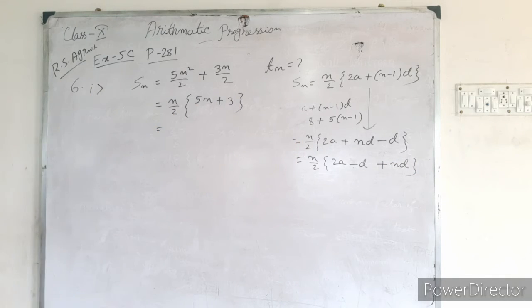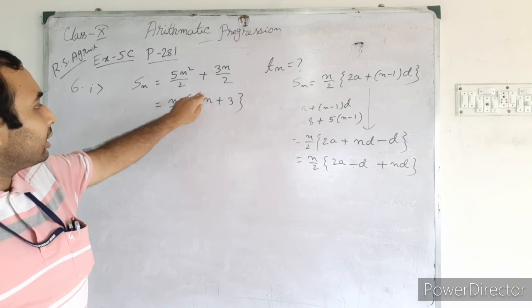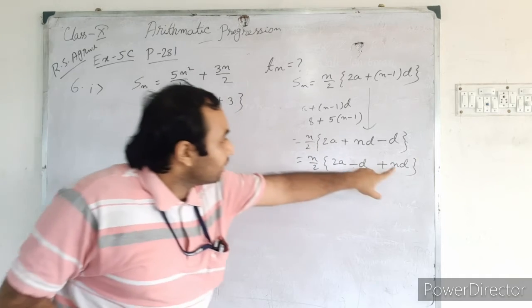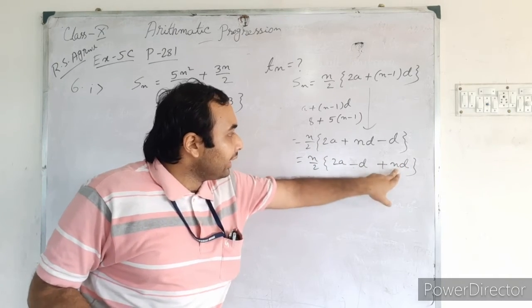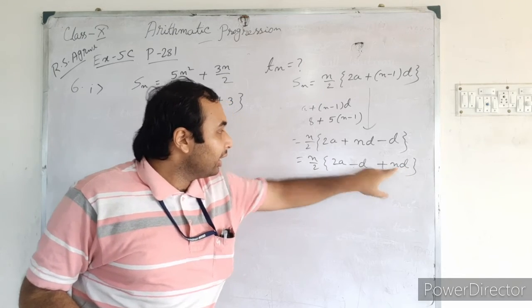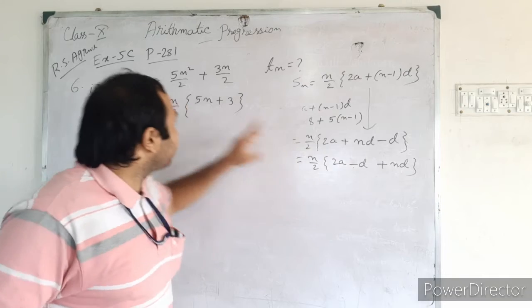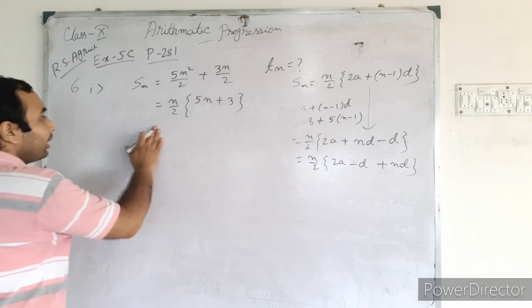This is the form now. Just see, 5n means the coefficient is 5. This 5 is d here, because n is with d here and n is with 5 there. If we compare those two, we get d equals 5.